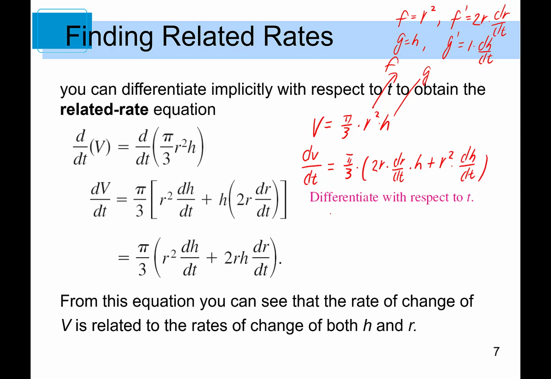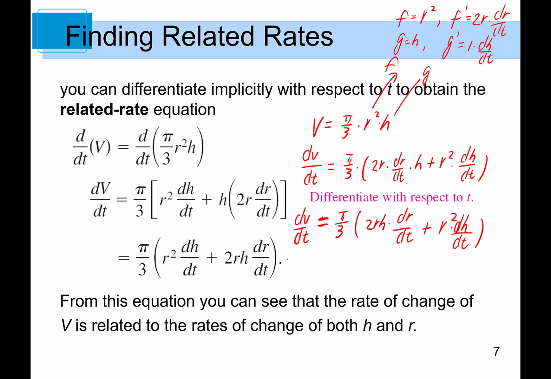Okay, then just simplify this, so we end up with dV over dt equals pi over 3 times 2Rh times dR over dt plus R squared times dh over dt.